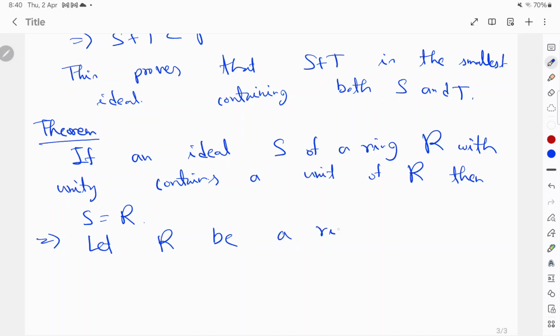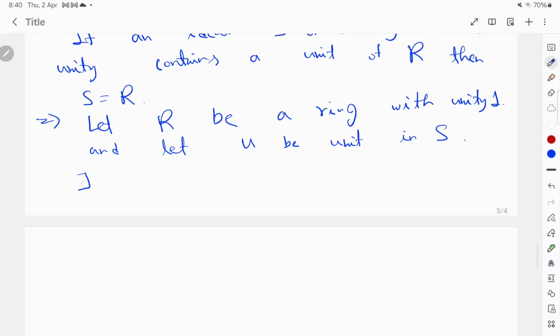So let R be a ring with unity 1, and let S be an ideal that contains a unit U. U is a unit, so obviously there exists U inverse.